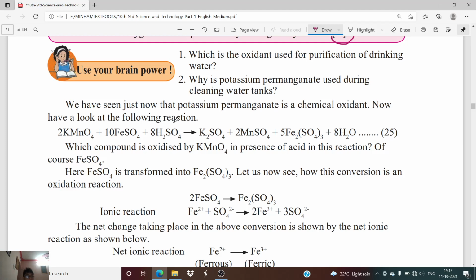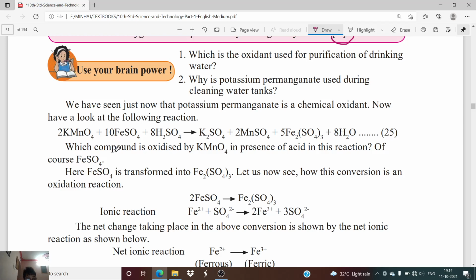Now have a look at the following reaction. Two molecules of potassium permanganate are reacting with 10 molecules of ferrous sulfate, along with 8 molecules of sulfuric acid. And it is going to give us potassium sulfate, K2SO4, plus 2 molecules of manganese sulfate, 2MnSO4, plus 5 molecules of ferric sulfate plus 8 molecules of water.